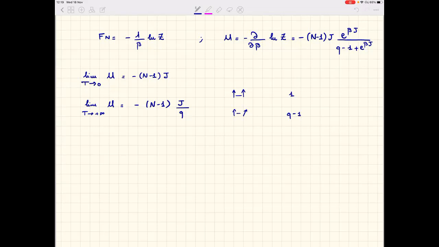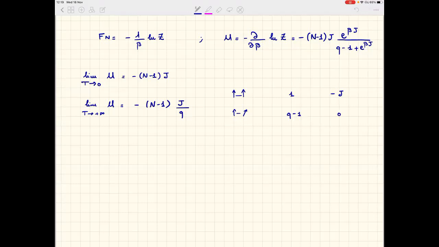Now, if they are parallel, the contribution to the energy is minus J. If they are different, the contribution to the energy is what? 0, correct.